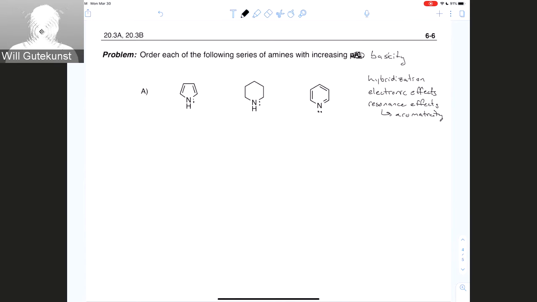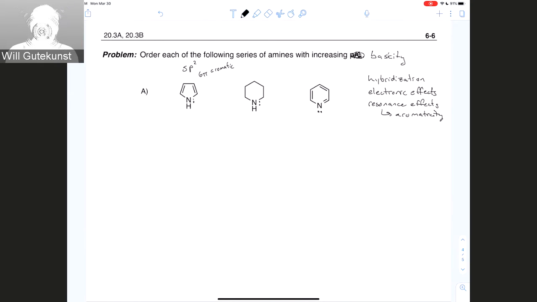So if we go through, we start with pyrrole. This nitrogen is going to be sp2 hybridized. That's because it's participating in resonance. So it's a 6-pi aromatic system. So this lone pair will go purely into a p orbital to communicate with the other pi bonds and make an aromatic system.